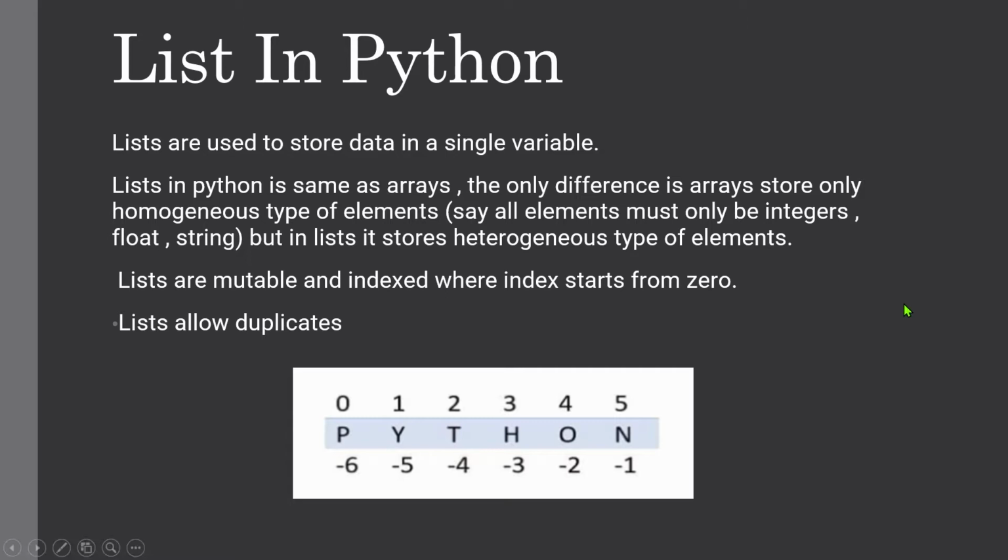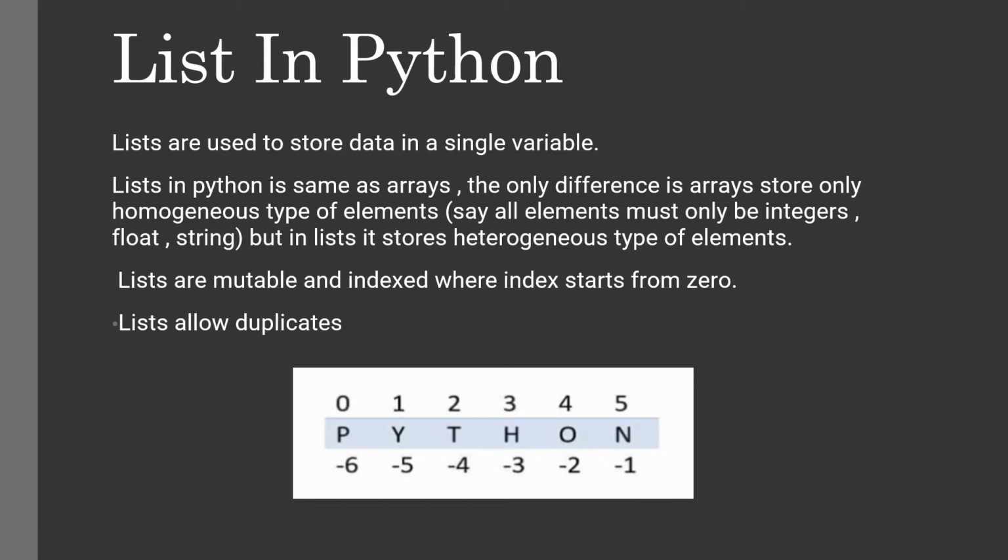In this figure we can see that we have a list, and in list we are storing some characters, that is P, Y, T, H, O and N. And suppose we want to access the character P from the list, then we can use 0 as an index or -6 as an index. Similarly, if we want to access N from the list, we can use 5 as an index or -1 as an index.